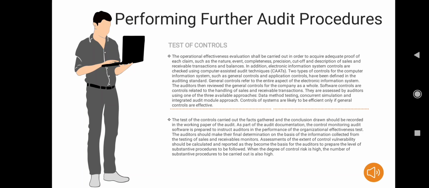Assessment of the extent of control vulnerability shall be calculated and reported, as it becomes the basis for the auditors to determine the level of substantive procedures to be followed. When the degree of control risk is high, the number of substantive procedures to be carried out is also high.